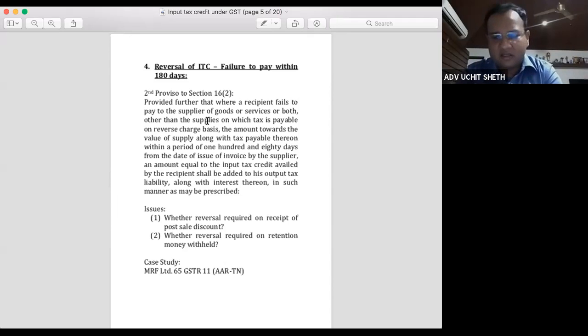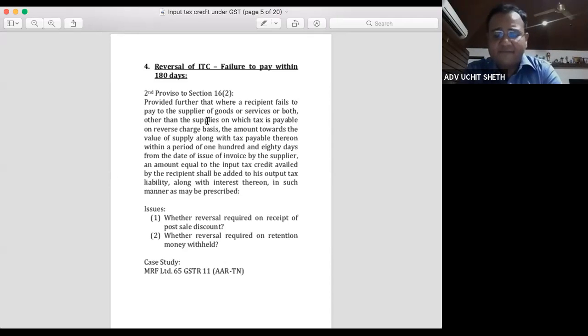And the interpretation as canvassed in MRF is in fact contrary to the purpose of the provision also. As I started by saying, it is for safeguarding the interest of the sellers. Now, if the seller and the buyer mutually agree to reduce the consideration, then for such mutual agreement, this provision is not invocable. And even though the buyer has paid only 90 rupees to the seller, he will be entitled to full input tax credit of the tax paid by the seller.